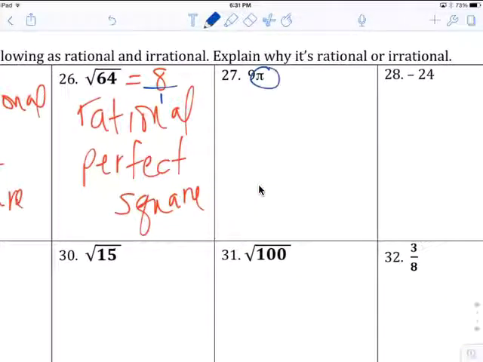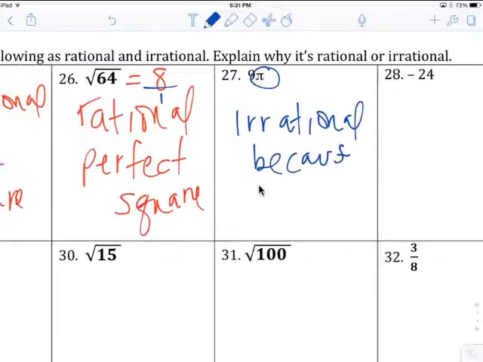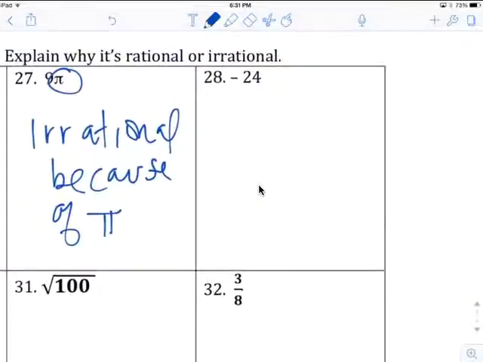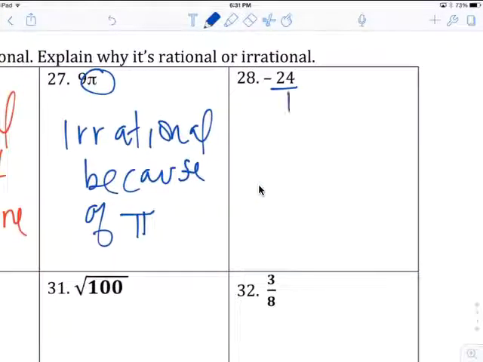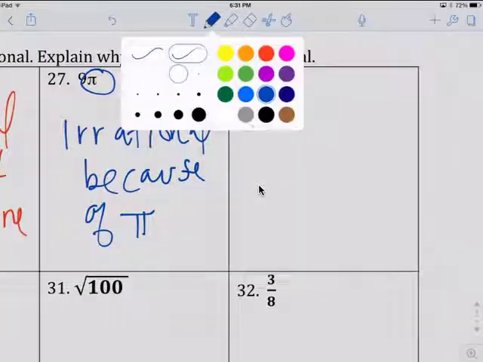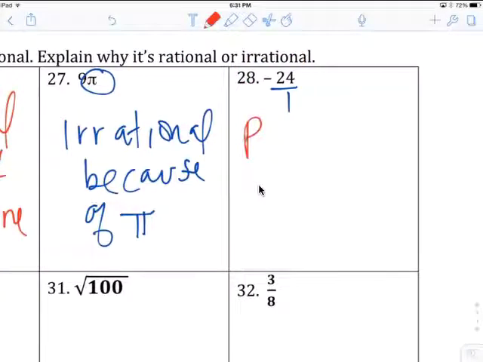This one, anything with pi, it's irrational. Irrational because of, this is just a normal negative number. It can be written as a fraction, so therefore it's a rational number.